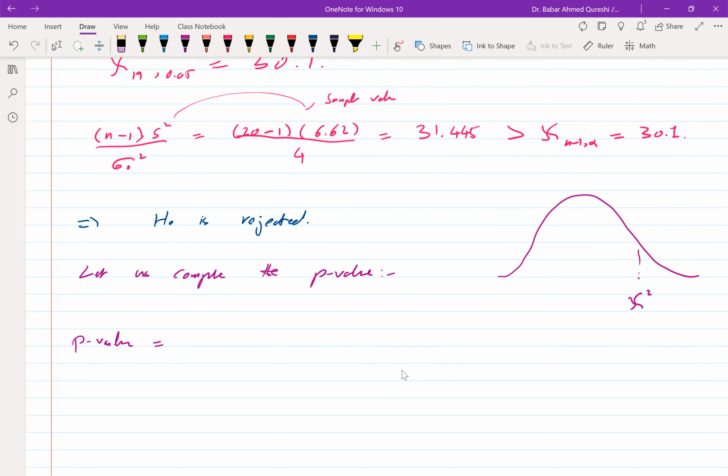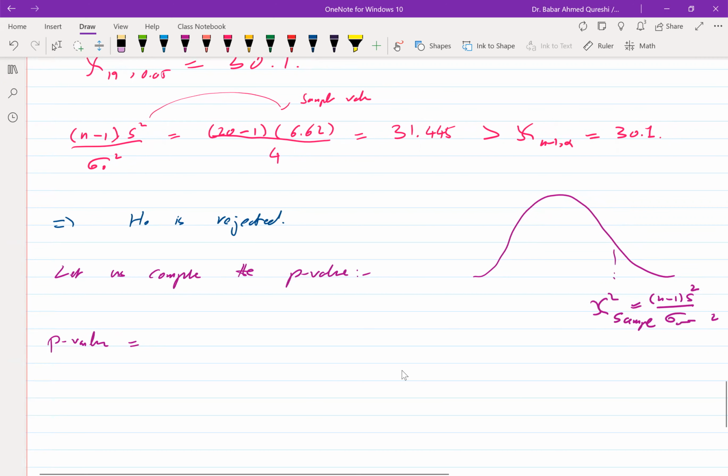This was from your sample. How do you compute it? This number, which you just did, over sigma naught square.